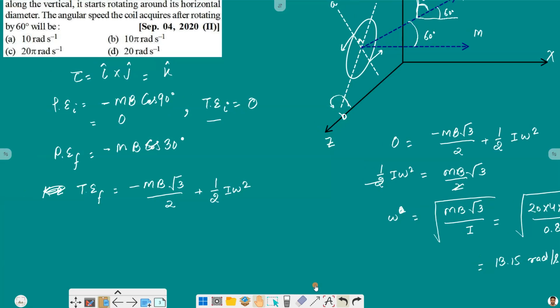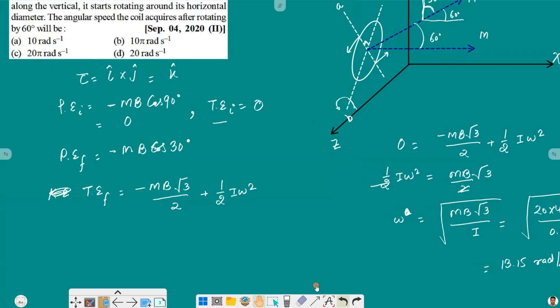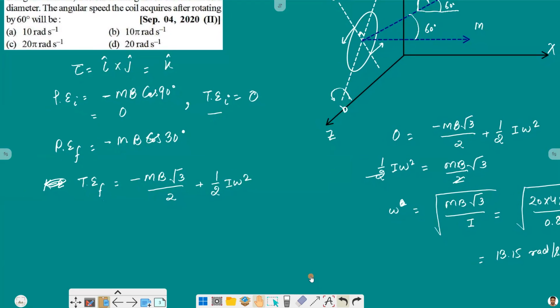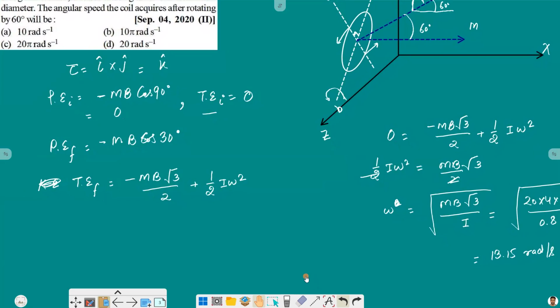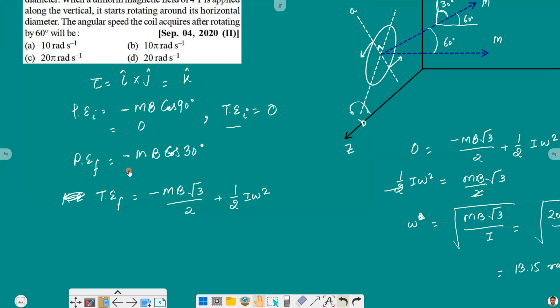Now if we match it, then the nearest possible answer from all of these options is option A. Either none of these are correct, or if you want the nearest possible, it will be option A, 10 radians per second.